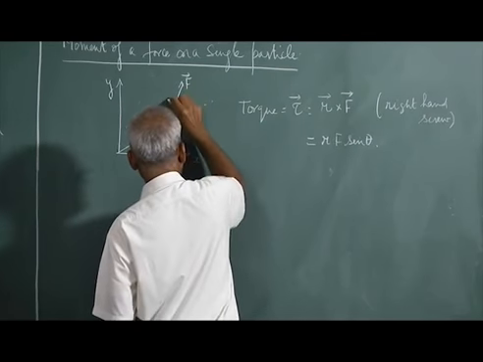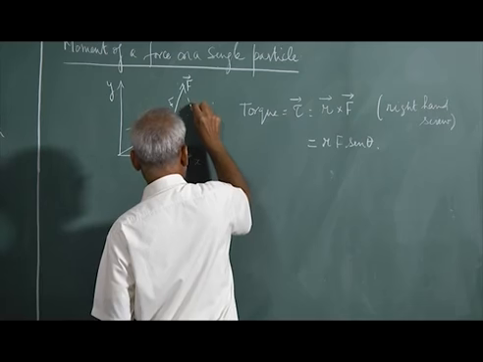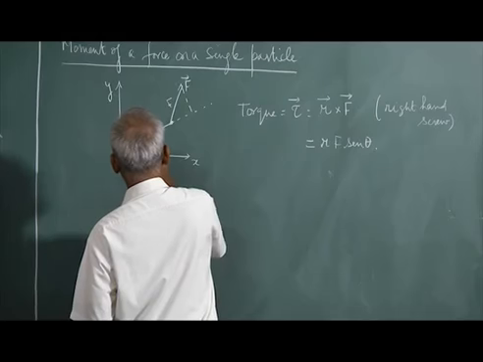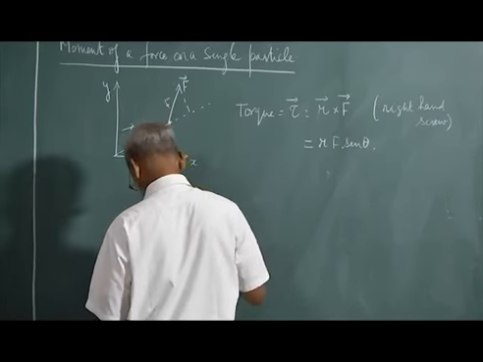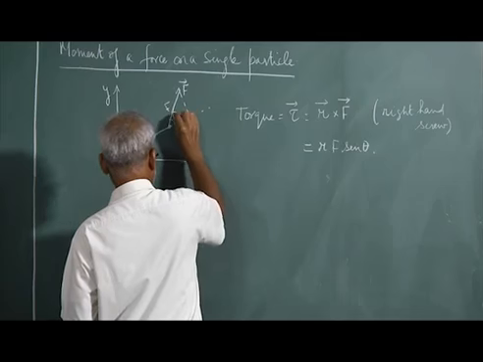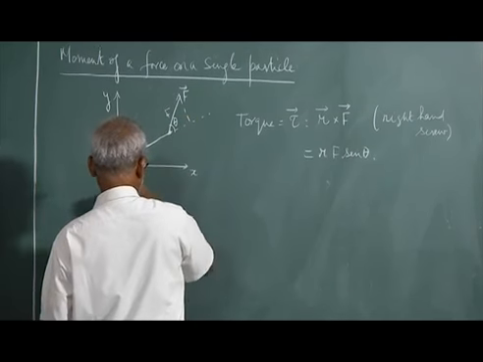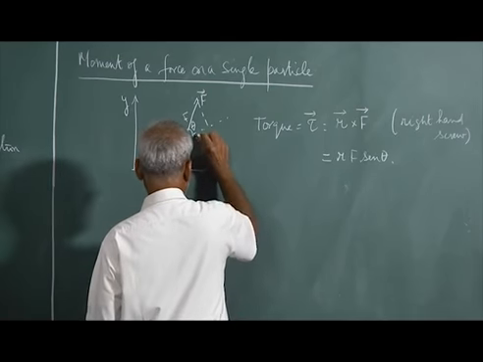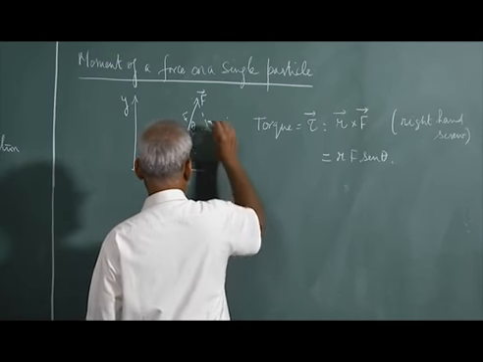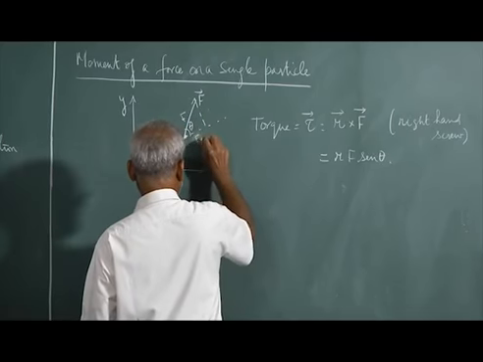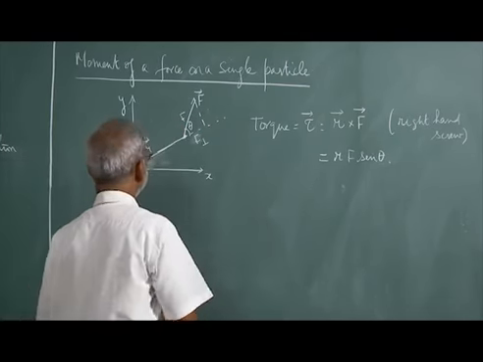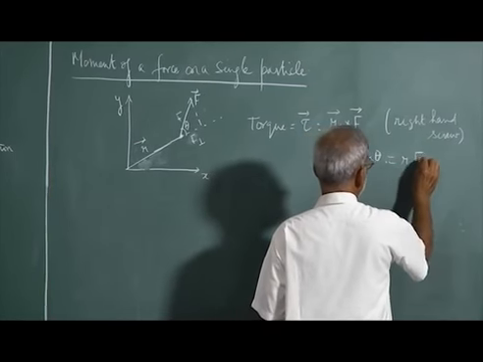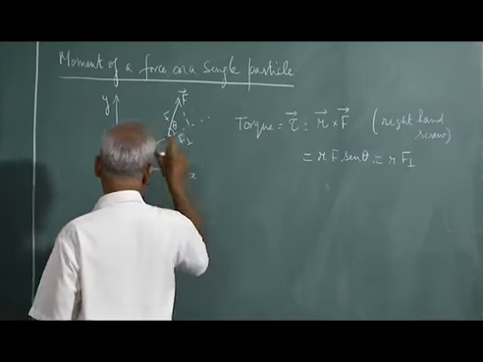If I drop a perpendicular from here, this is theta. So F sin theta is what you call F perpendicular. This is cos, this is sin. So this is written as r times F perpendicular.